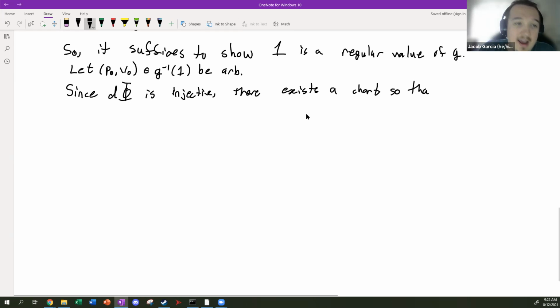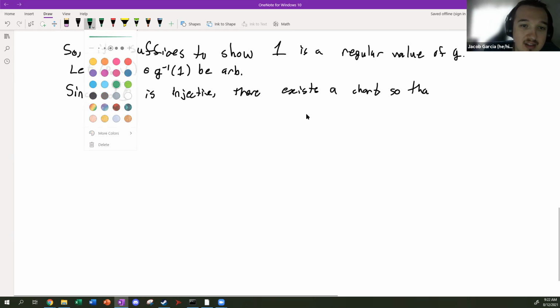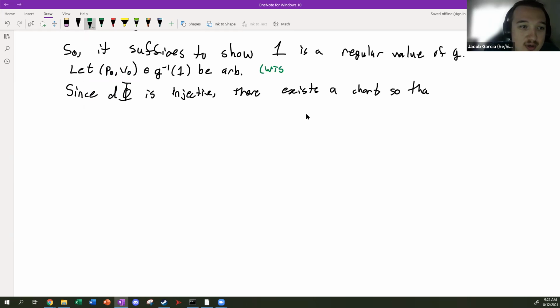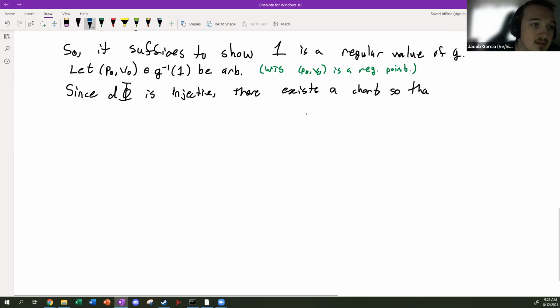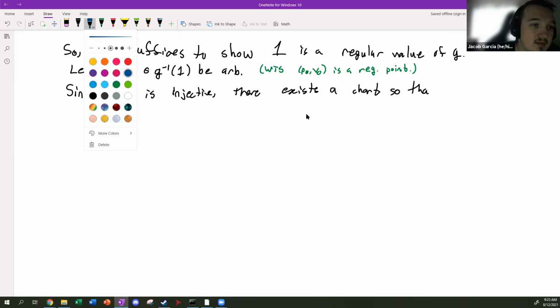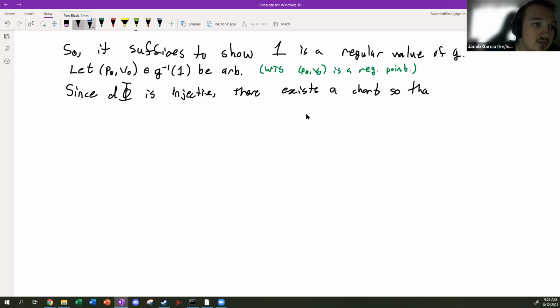Now I want to show, and I'll write this so we can practice using the language, we want to show P naught V naught is a regular point. Because again, regular values are in the codomain, regular points are in the domain.